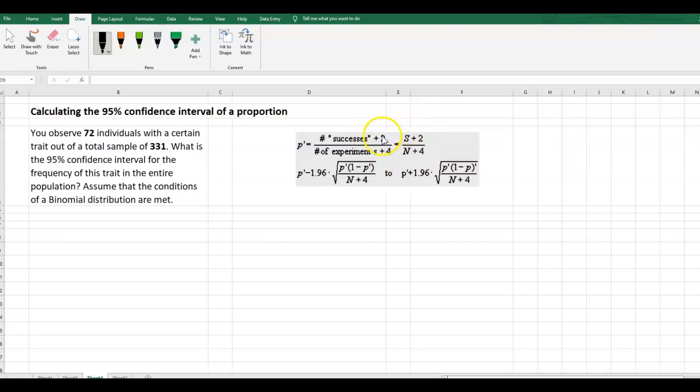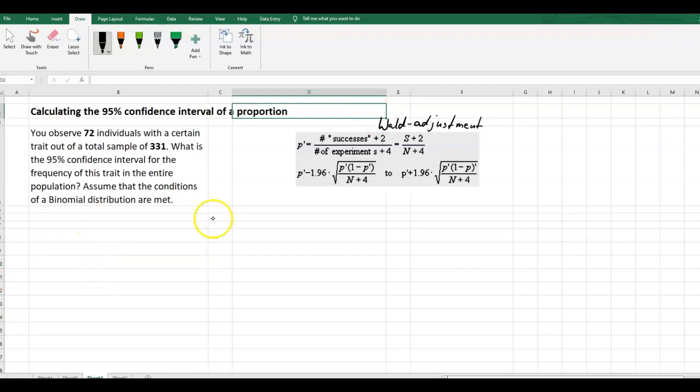And it turned out this is really empirical. These numbers are always the same, +2 to the numerator and +4 to the denominator. This is called the Wald adjustment. And it just turned out that this actually works pretty well for large and small numbers.